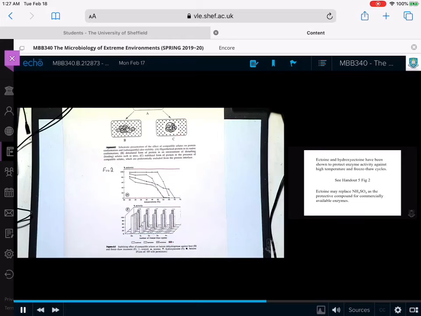It's now becoming more common for ammonium sulfate to be replaced by ectoine, because ectoine is a much more friendly compound and will keep your enzyme active for much longer. Ammonium sulfate has been the traditional way of keeping enzymes happy, but based on results such as the one at the bottom of handout 5, you can see that it's actually a very good idea to utilise ectoine.